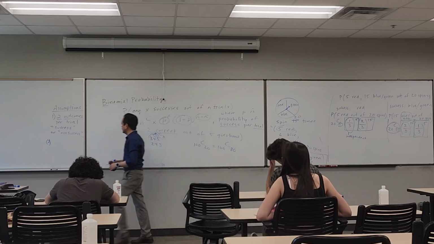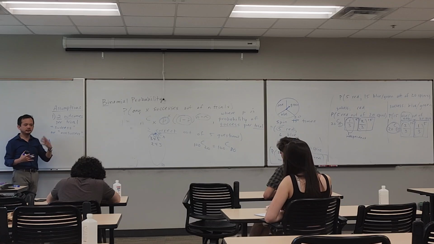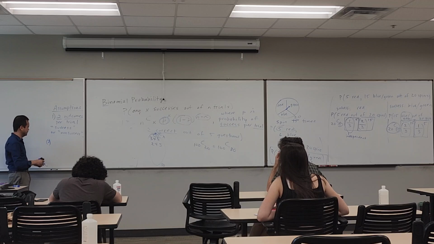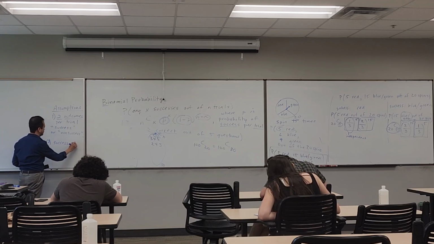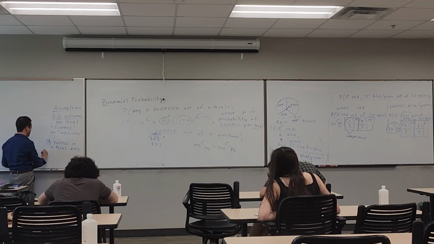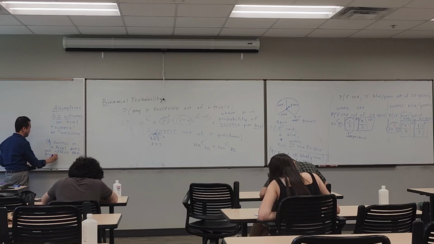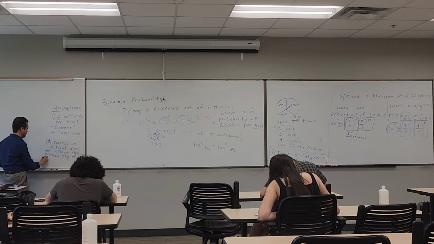So the second assumption here is that if you have a success in one trial, it doesn't change the probability of success in a future trial. So, success in one trial does not affect the probability of success in a future trial.